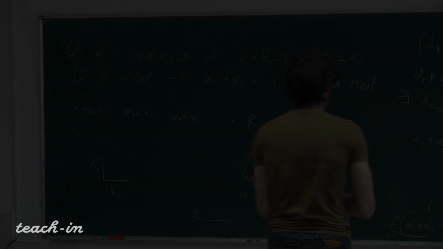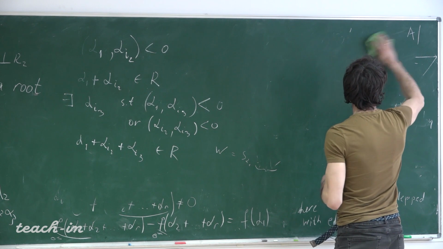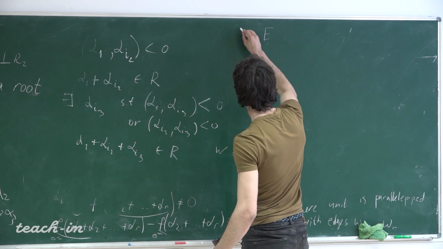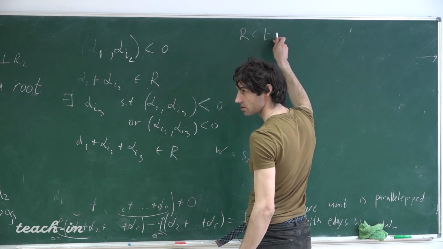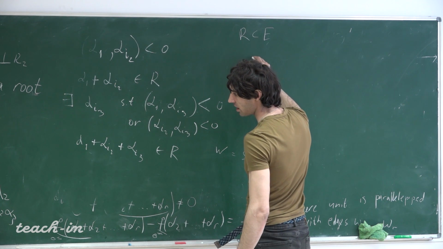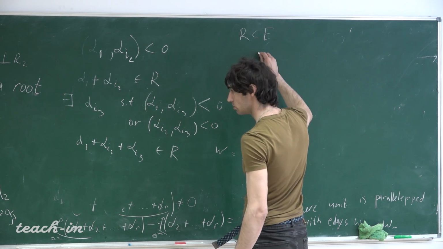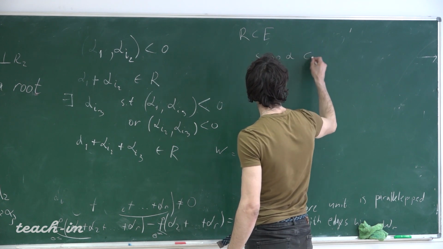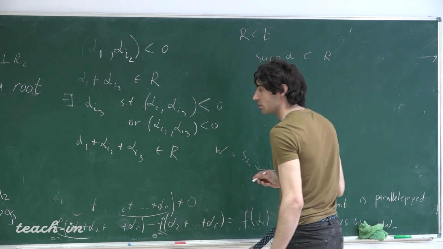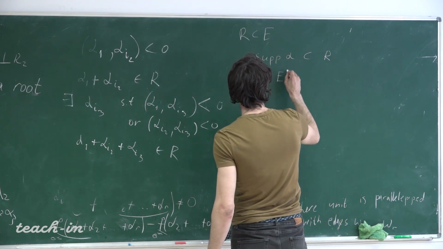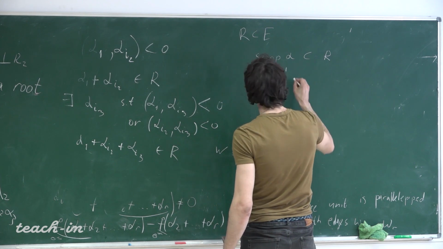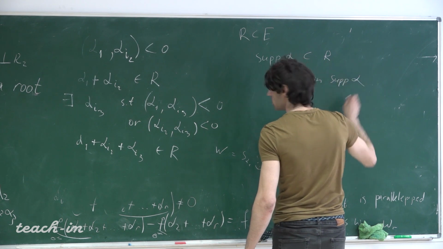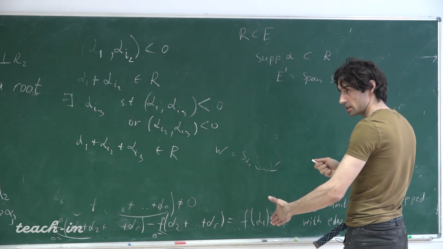What you're saying is that I have E, and the root system R is a root system of the Euclidean space. Then I have U1 and U2. I have the support of alpha, which is some subset of R. Then you consider E prime, which is the span of the support of alpha. So you consider some subspace.